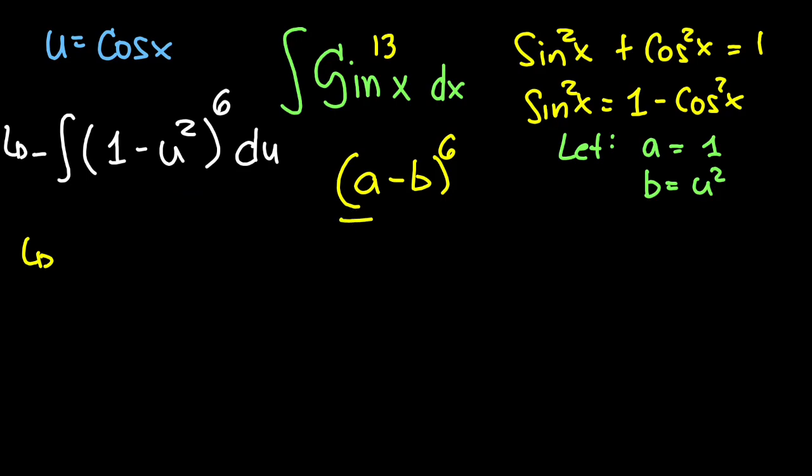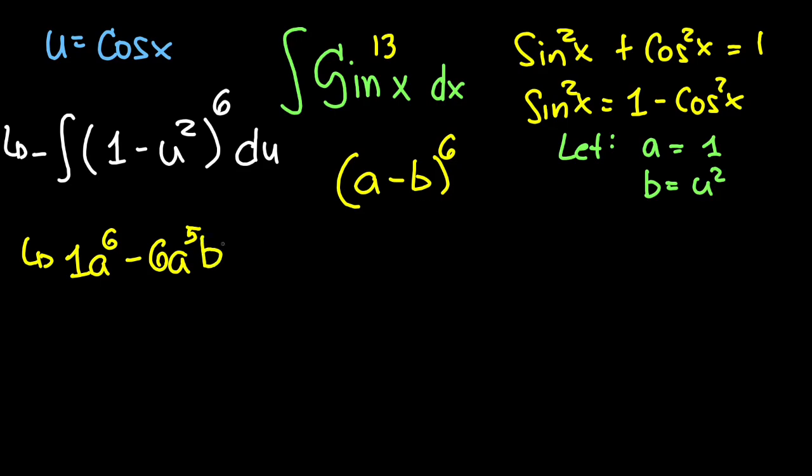And for the formula for this expansion, it would be equal to 1 multiplied by a to the power of 6 minus 6. For a here, it would be descending by 1 power, which would be a to the power of 5. And for the b value, it would be ascending by 1 power.